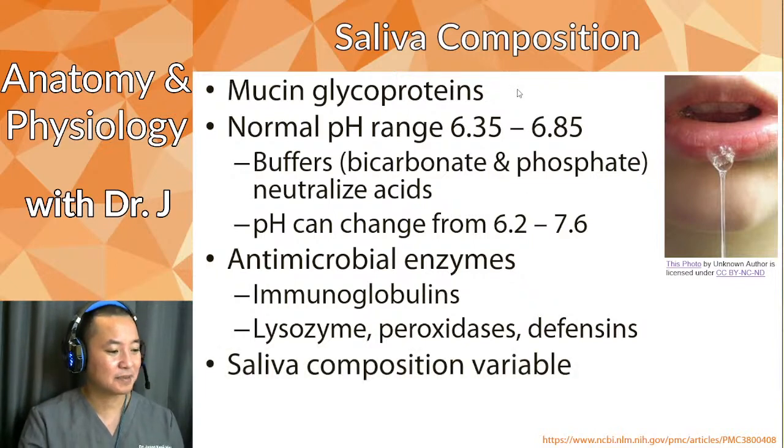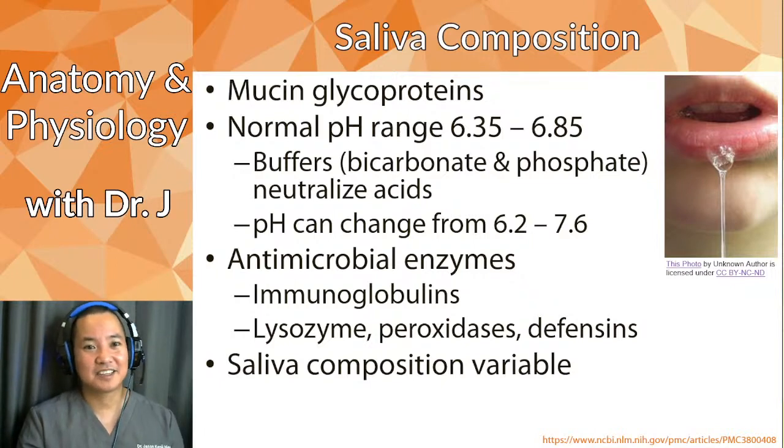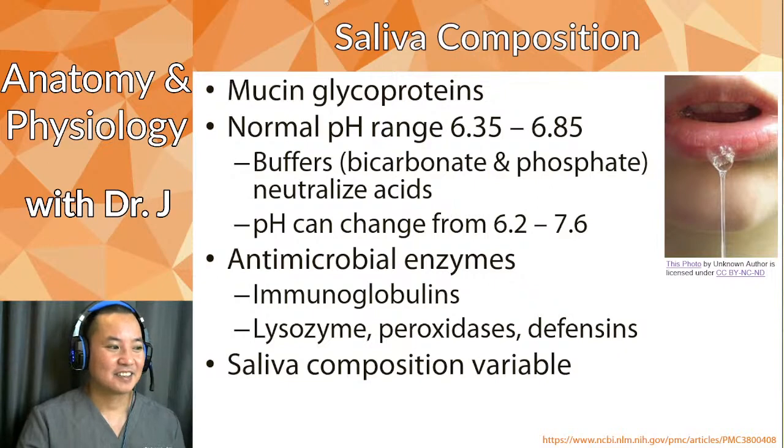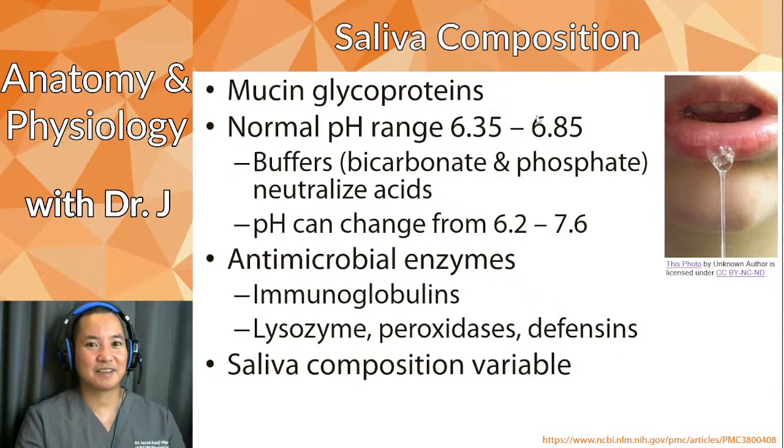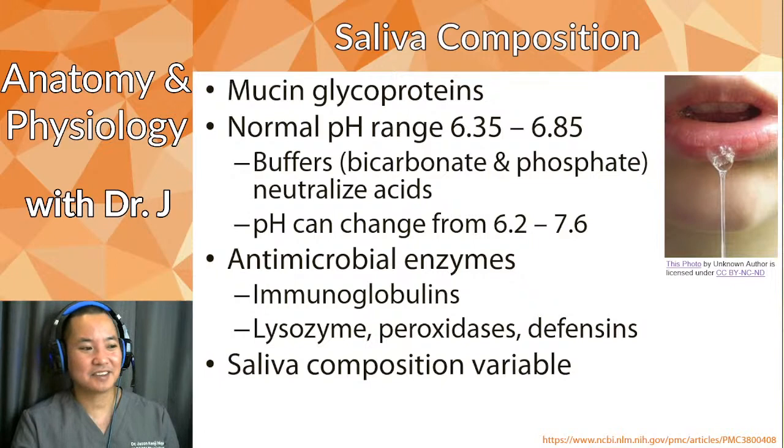But what I'm getting at here is that saliva composition is variable. Like, say you're getting anxious and you're about to do a speech in front of the whole class, well, what happens to your mouth? Remember that whole sympathetic nervous system and how you can have that dry and sticky mouth. The stickiness comes from these mucin glycoproteins, right? So if you have less water, now you're going to have stickier mucus, and a stickier mouth and that dry mouth.